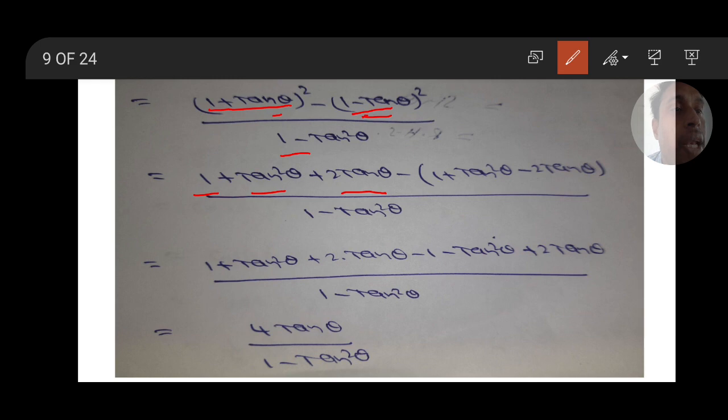And (1 minus tan theta) whole square is a minus b whole square: 1 plus tan square theta minus 2 tan theta. Denominator is as it is, 1 minus tan square theta.